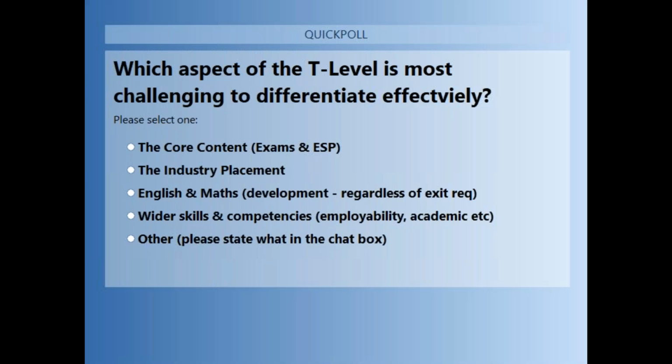You should be able to answer the questions that you can see. So if your choice isn't there, please choose other and put your answer into the chat box instead. So do you think differentiation is most difficult for the core content, the industry placement, English and maths development, wider skills and competencies, or something else?